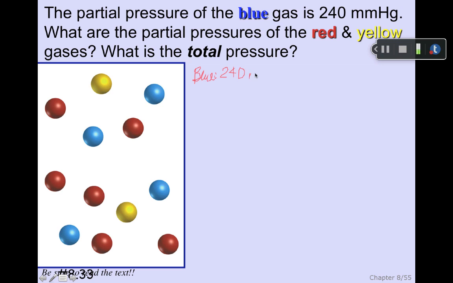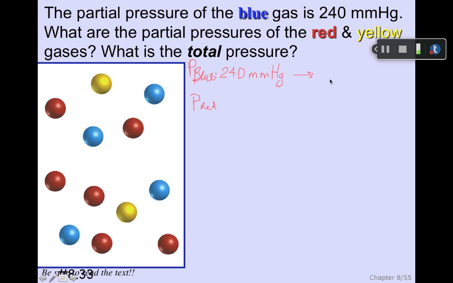Based on that, you can come up with the total pressure and the pressures of the red and the yellow gas because of the way the diagram is represented. So the pressure of the red and the pressure of yellow we will determine. The blue is what fraction of what you see here.